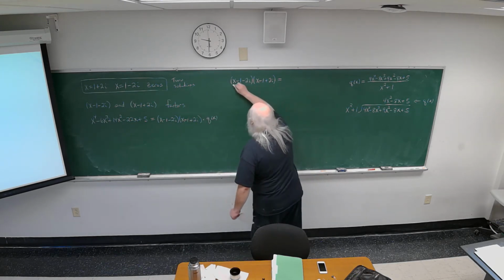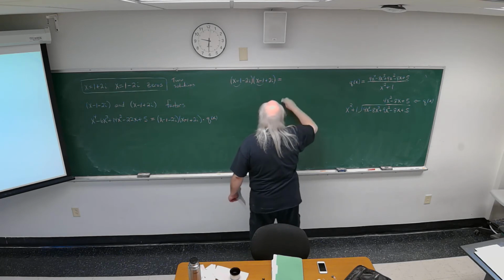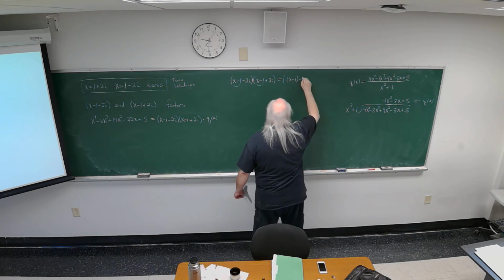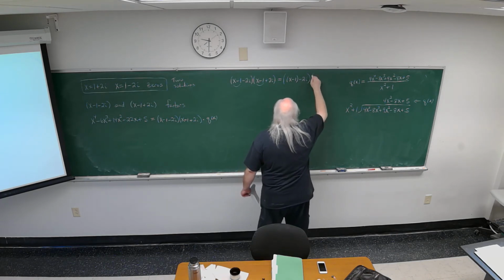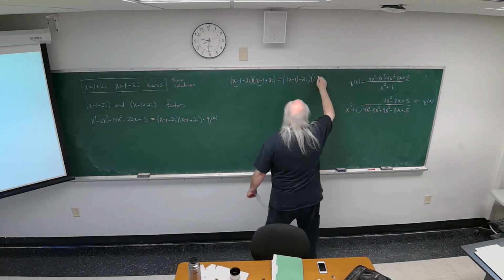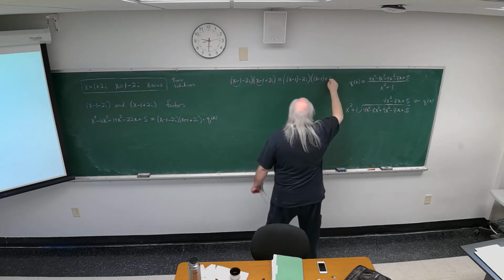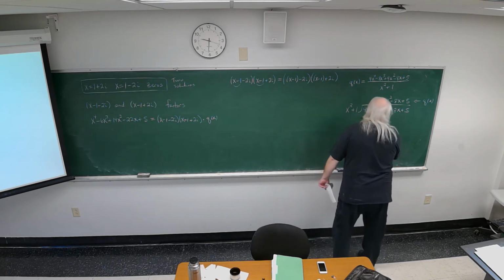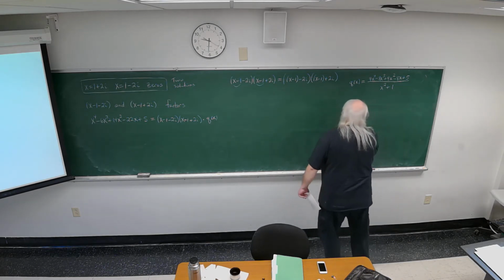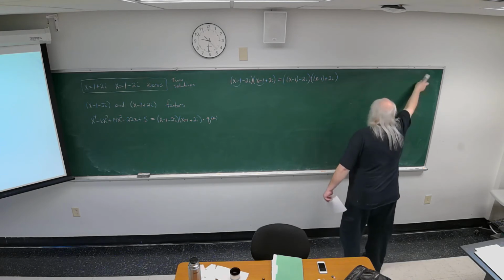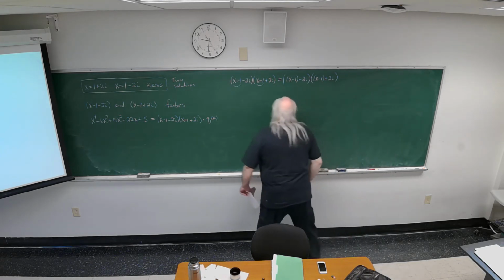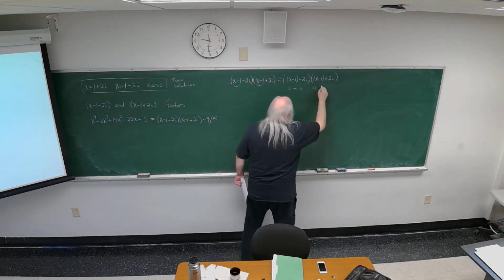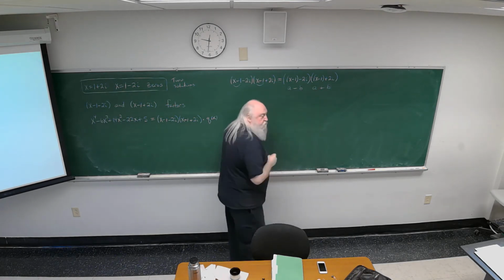So I'm going to group the x minus 1s, and so I have x minus 1 in parentheses minus 2i times x minus 1 in parentheses plus 2i. So this is of the form a minus b times a plus b, right?